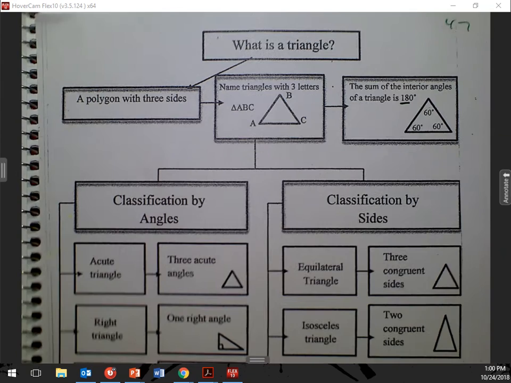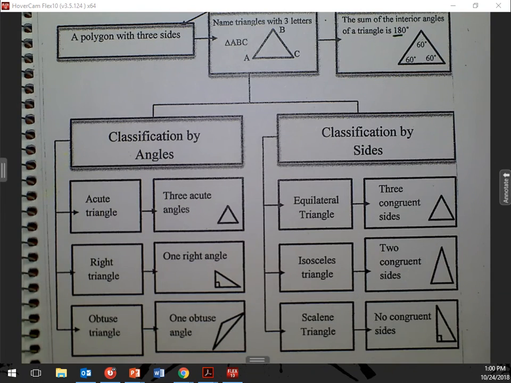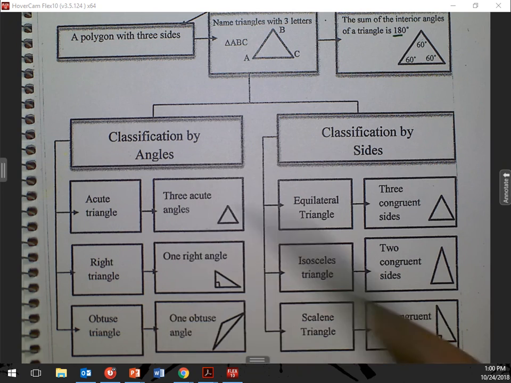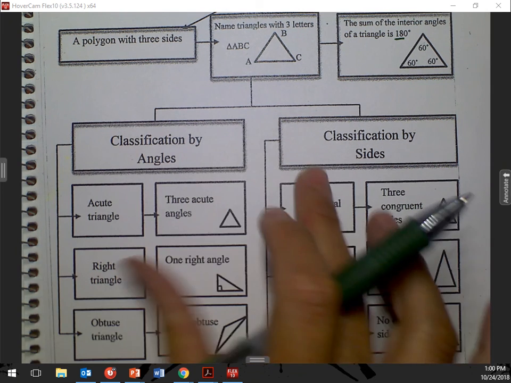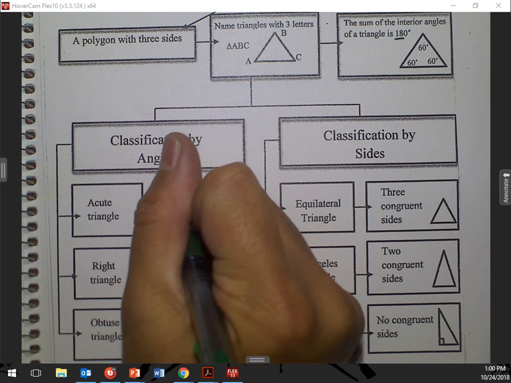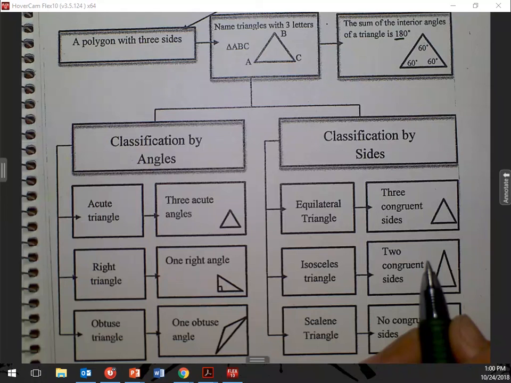Now, if we're classifying by angles, that means I'm looking for the values of the angles. Now, acute. This is something that you guys should have had a long time ago. Acute angle. Can someone tell me what acute is? Small. Very good. But what's the definition of small? Tiny.